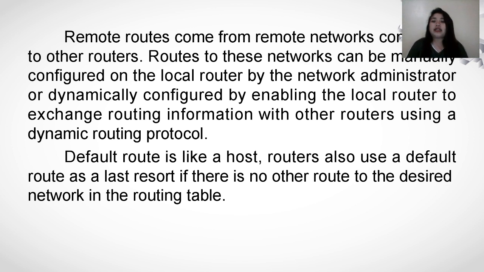Default route is like a host. Routers also use a default route as a last resort if there is no other route to the desired network in the routing table.